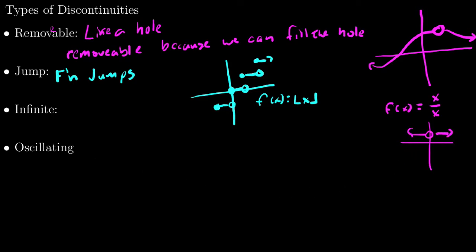Okay? Infinite discontinuities is basically where some of the graph goes to infinity. And I can have it going to different infinities, like in this case, 1 over x.